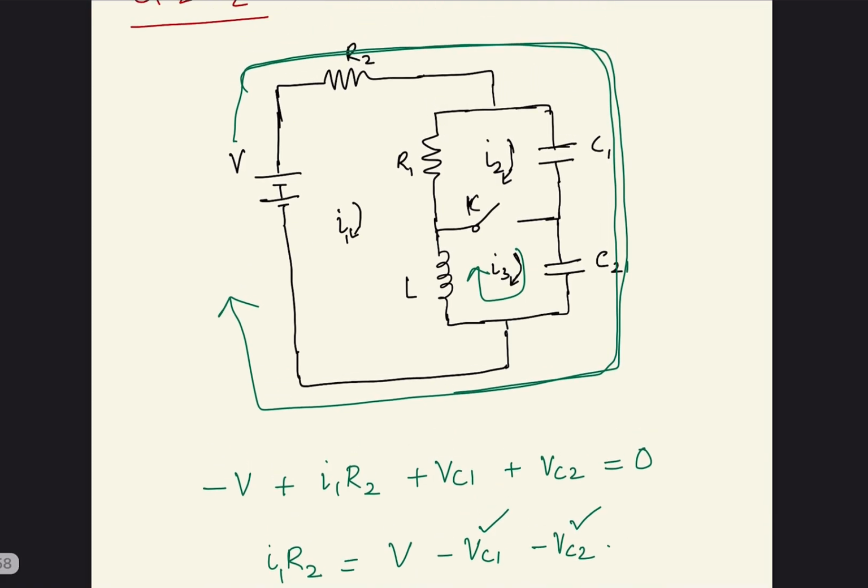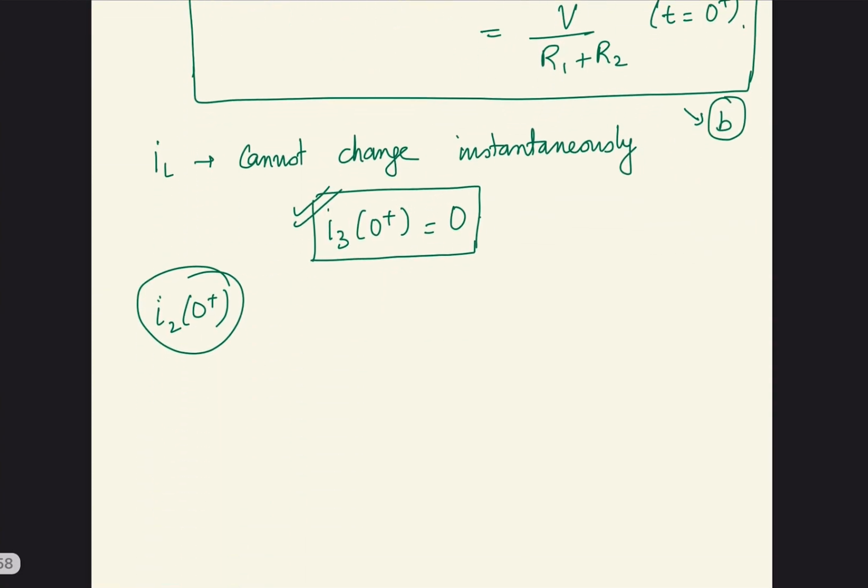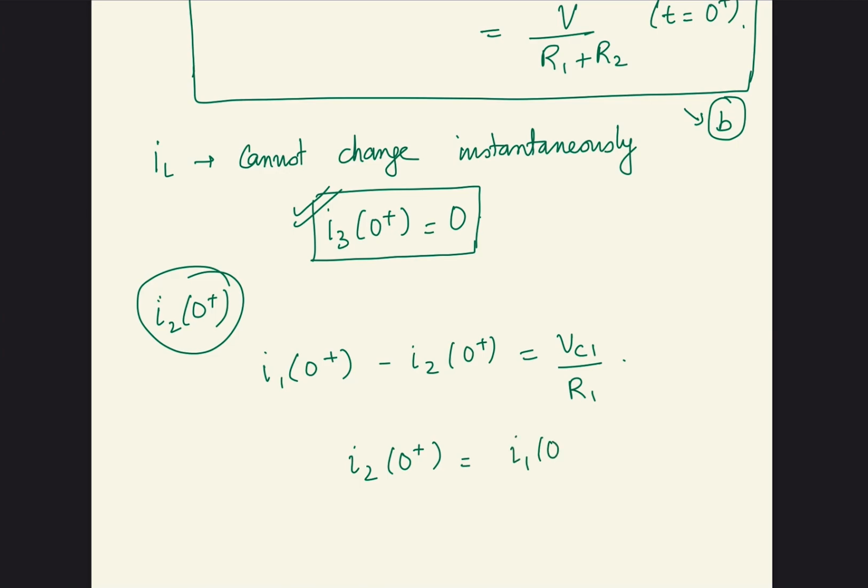So I can write I1 at 0 plus minus I2 at 0 plus. What is this going to be equal to? This is going to be VC1 divided by R1. So I2 at 0 plus is going to be equal to I1 at 0 plus minus VC1 divided by R1.